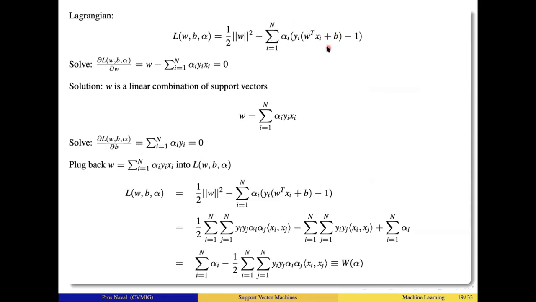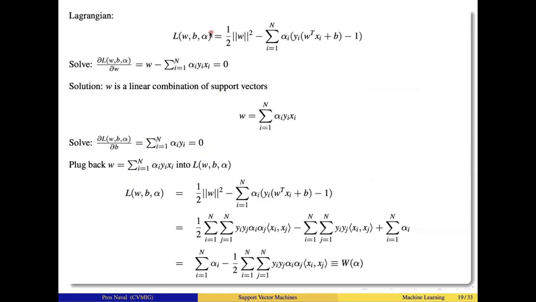What we have is alpha y b, and differentiate that with respect to b. So it becomes alpha y. Just this one, and you set that equal to 0 following Lagrange theorem. We have the following quantity.